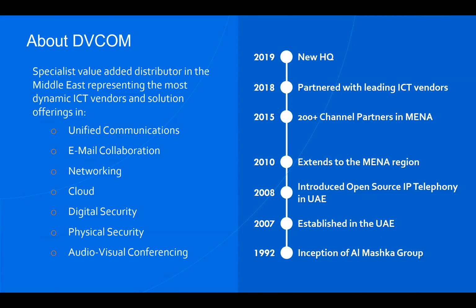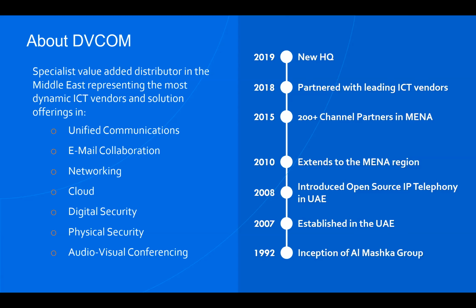Established in 2007 in the UAE, we are a part of an enterprise known as the Al Mushka Group. DVCOM introduced open source IP telephony in the region. In 2010, we established branches and expanded into the MENA region with offices in the GCC. We work closely with more than 200 channel partners spread across the Middle East and North Africa.